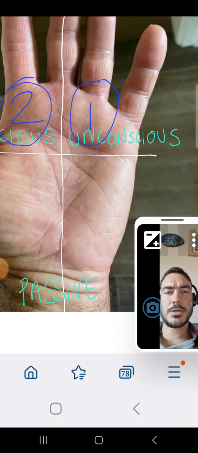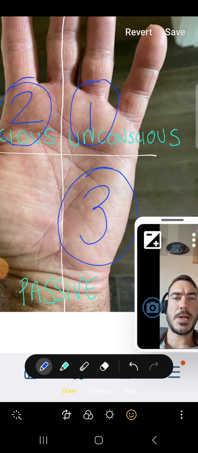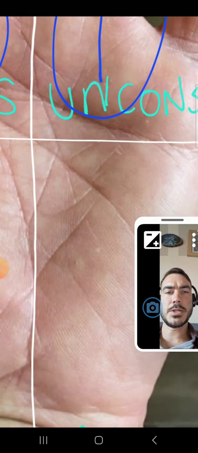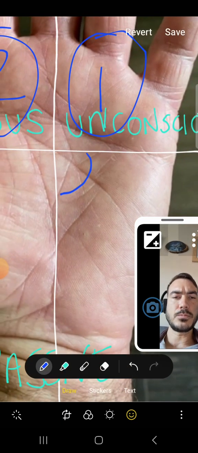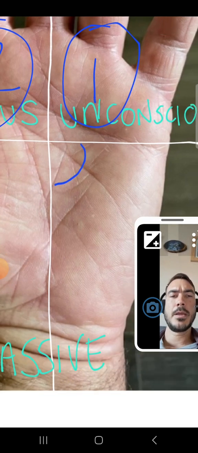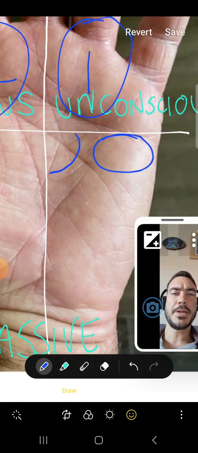The third over here is the passive unconscious side. So it incorporates that passive unconscious side of how we react towards others. It's also our planning. This is Mars positive.